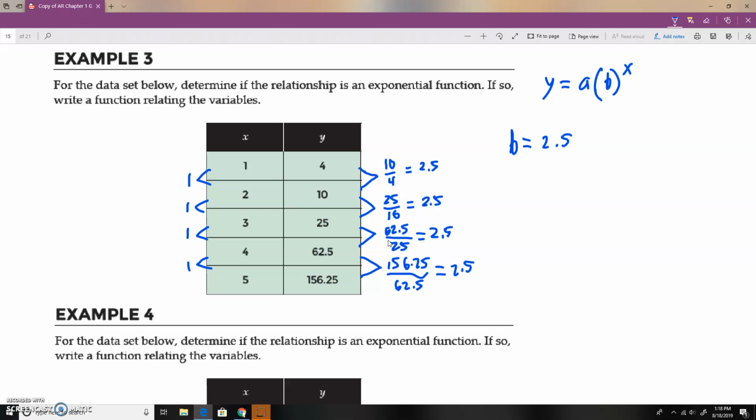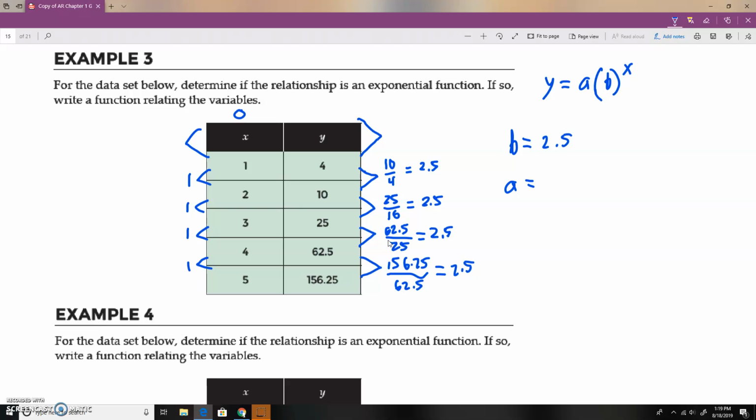Well, now to get our a value, since we don't have a 0 here, we need to find a 0. So we need to go one step back and get where x equals 0. If we go one step back, you'll notice we're multiplying by 2.5 each time. 4 times 2.5 gives us 10. 10 times 2.5 gives us 25.